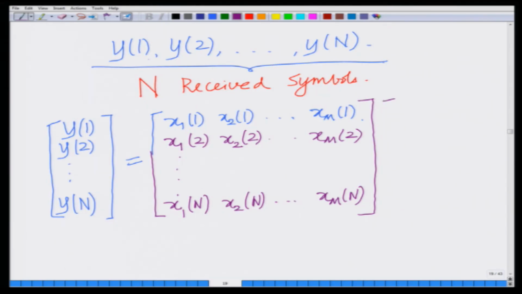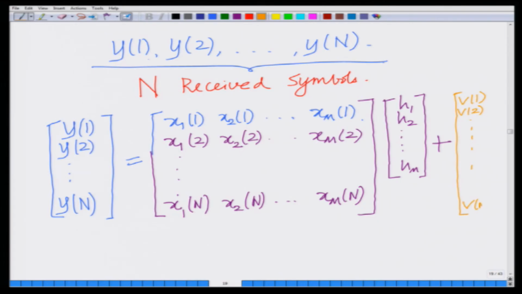Let me just draw it a little bit shorter, I will explain the reason. H1, H2 up to Hm plus your noise vector. Noise vector is naturally going to be of dimension n, that is V1 or noise sample at time instant 1, V1, V2, so on up to Vn, and this is basically your input output pilot symbol model.